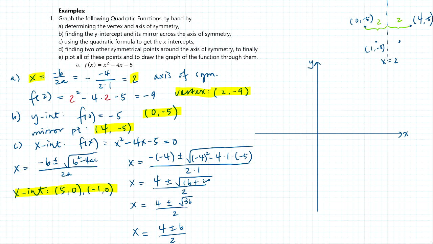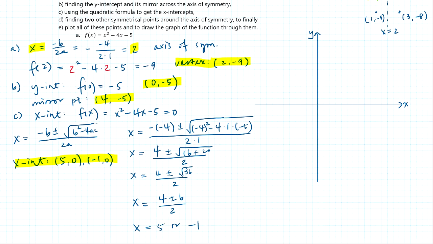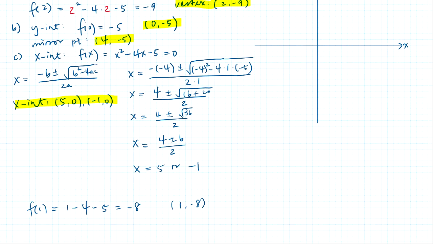And if I started with x equals 2, if I move 1 unit to the right, I would have the x-coordinate being 3 and -8 over here. So I would have 3, -8 being the mirror image.